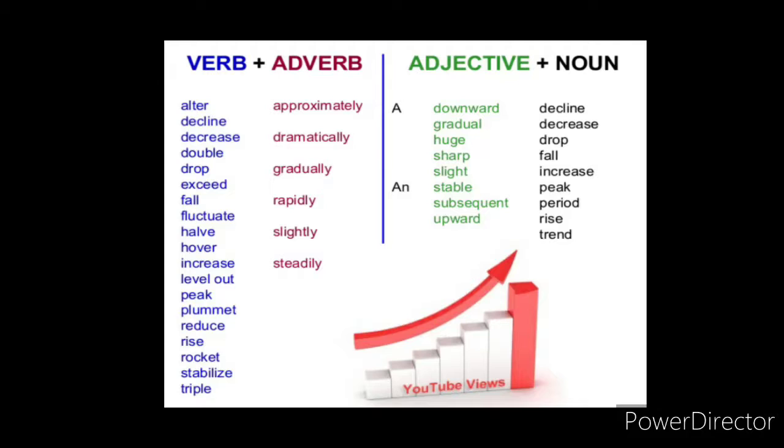Now again, verb plus adverb. So what are the verbs that can be used? After seeing the question, you can use these verbs and adverbs in a similar way. Adjective plus noun: decline dramatically, downward decline, gradual decrease, huge drop, sharp fall, like this.